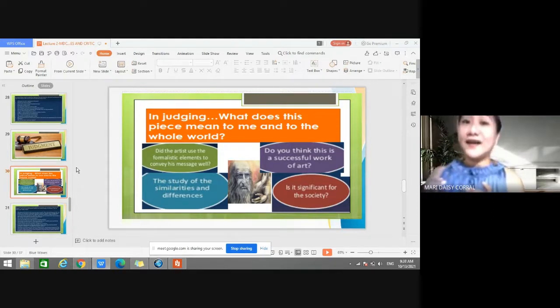Did the artist make use of the proper elements and principles to convey his message well? Do you think this art is successful in conveying the message of the artist? Do you think this art is significant to the society? Do you think this art is significant to me personally? Okay, so that's how you judge.